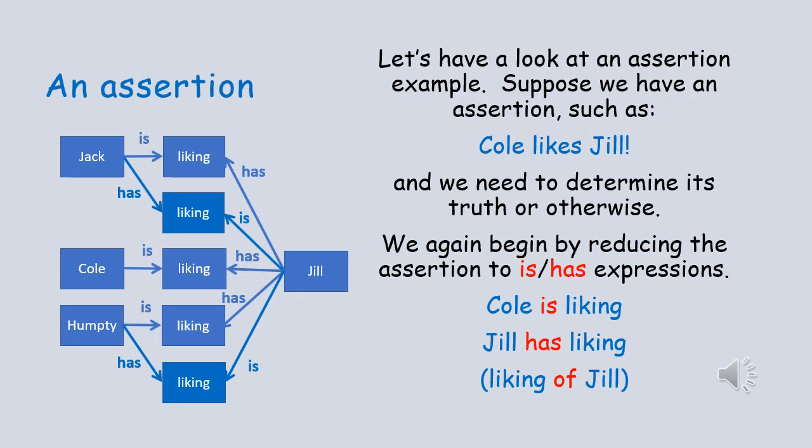Let's have a look at an assertion example. Suppose we have an assertion such as "Cole likes Jill", and we need to determine its truth or otherwise. We again begin by reducing the assertion to is, has expressions. Cole is liking, Jill has liking, liking of Jill.